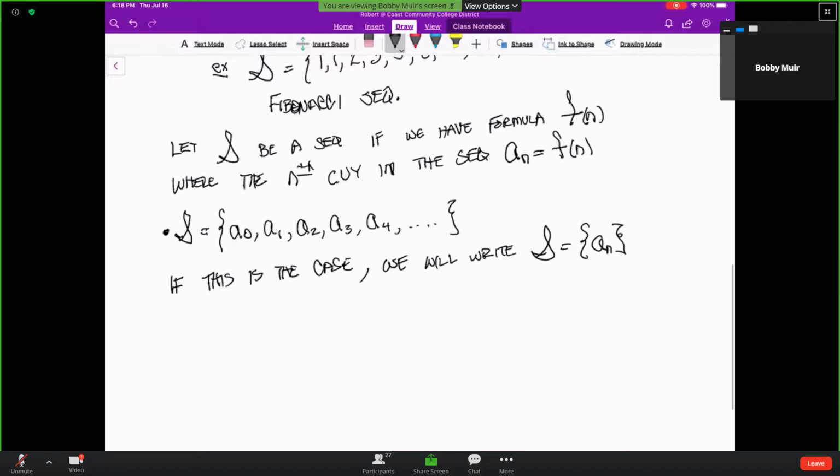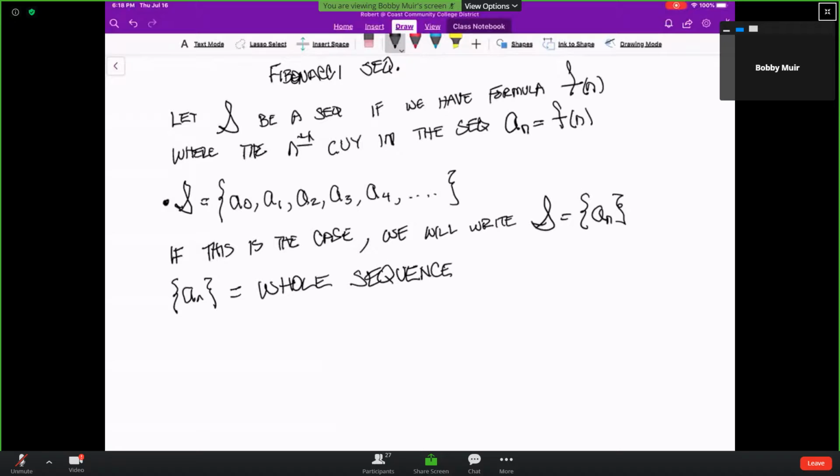When I have brackets around the A sub n thing, this means the whole sequence, as opposed to when I just say A sub n, that's just going to be the nth guy.